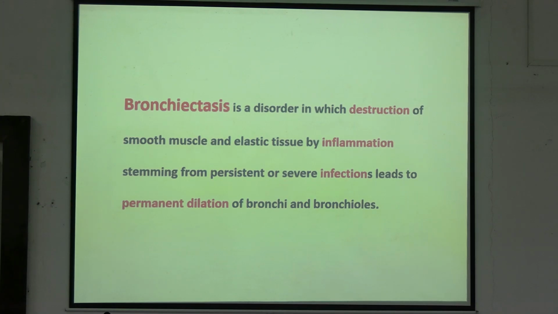So when there is infection, there is inflammation, and inflammation will lead to destruction of smooth muscle and elastic tissue. And there is permanent dilation of the bronchi and bronchioles, permanent dilation. So this is the definition of bronchiectasis.